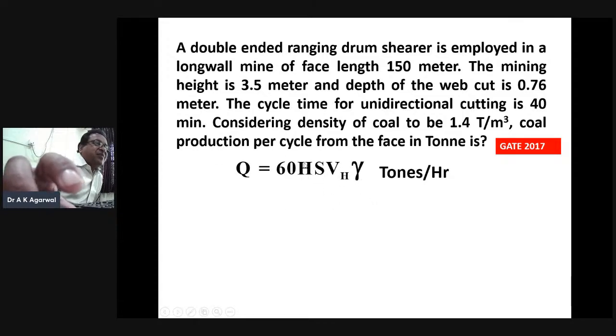H is height of the seam, it is 3.5 meter. S is the depth of the cut, it is 0.76 meter. VH, haulage speed, that is, it completes 150 meter in 40 minutes. So 150 upon 40 meter per minute, and gamma is the density 1.4.